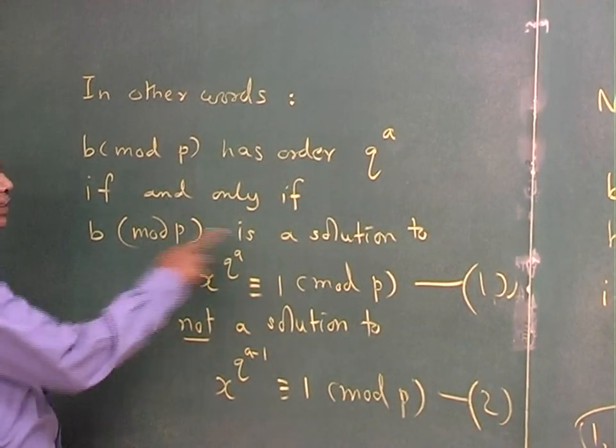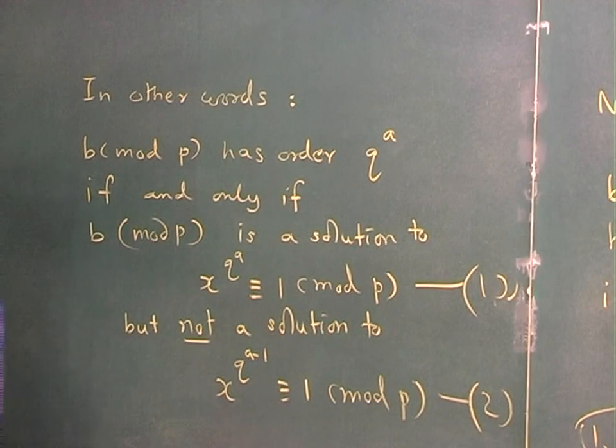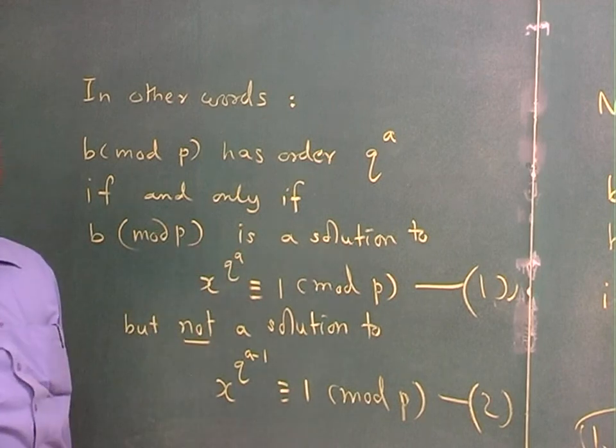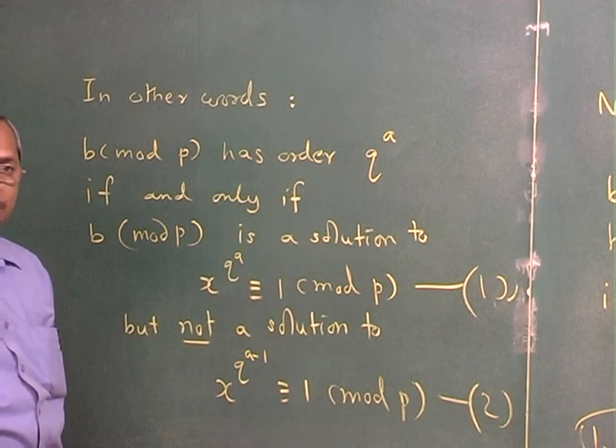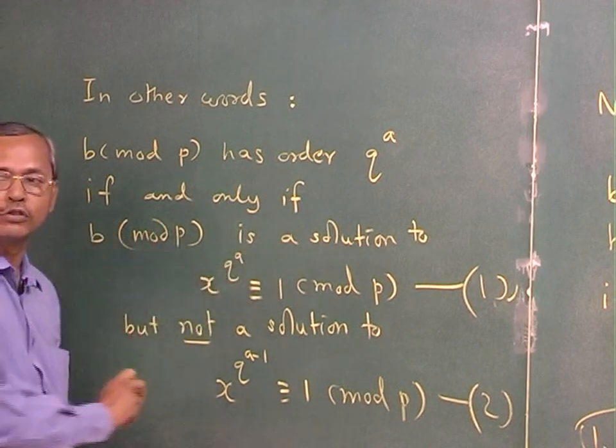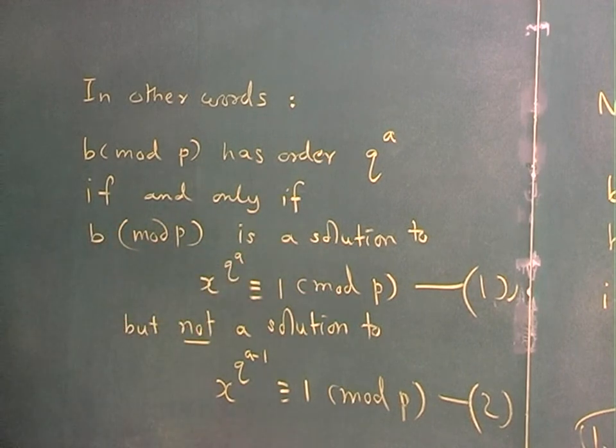How many solutions are there for this congruence? We are assuming that q raised to a divides p minus 1. Under this condition, this congruence has q raised to a solutions, equal to the degree, that many.